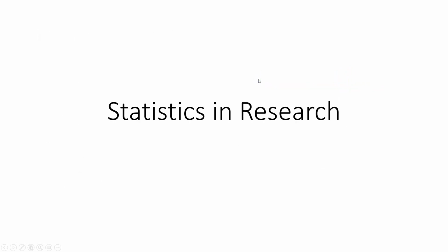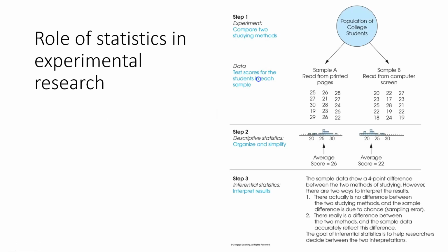We're next going to talk about statistics in research. The role of statistics in experimental research is articulated in this schematic here. If you had a population of college students, say this was a population of students just attending one school that you were interested in. Let's just, since we're attending Central Washington University, we'll go with that.